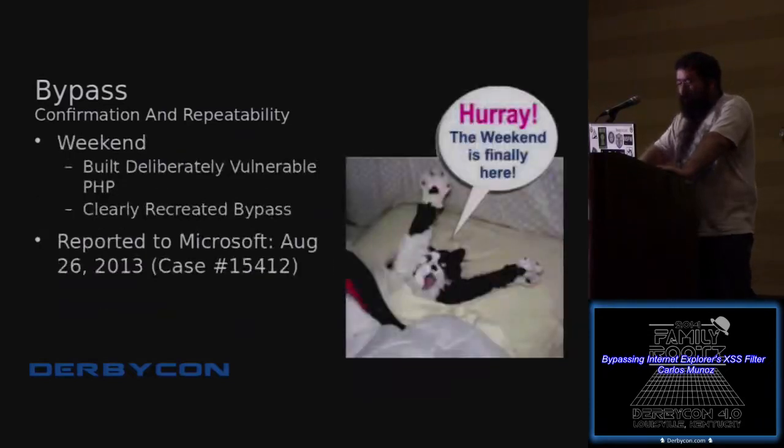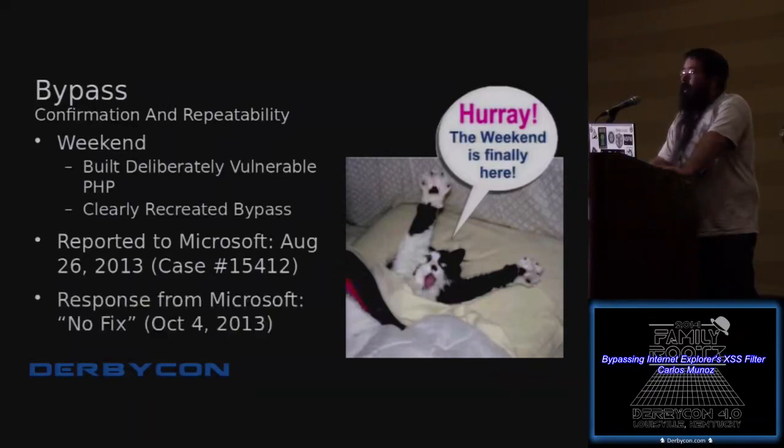Over that weekend, I built some deliberately vulnerable PHP code that recreated that bypass and reported it to Microsoft on that Monday. After roughly a month of emails going back and forth, Microsoft has decided: no fix.